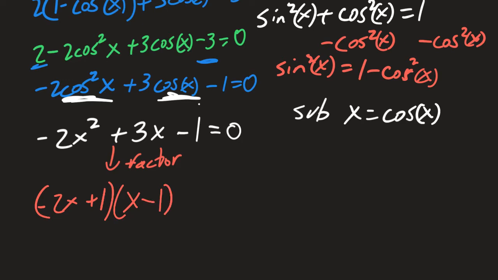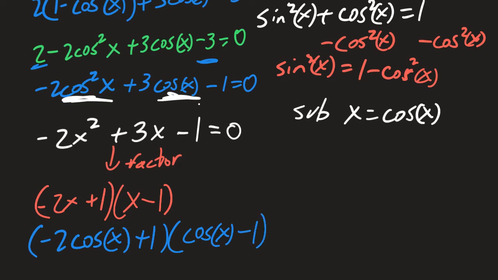Okay, and let's go ahead and rewrite this again and put back in the other pieces that we knew. We knew that x is actually cosine, so I've got negative 2 cosine x plus 1, and the second parentheses is cosine x minus 1. And remember, this was all equal to 0.